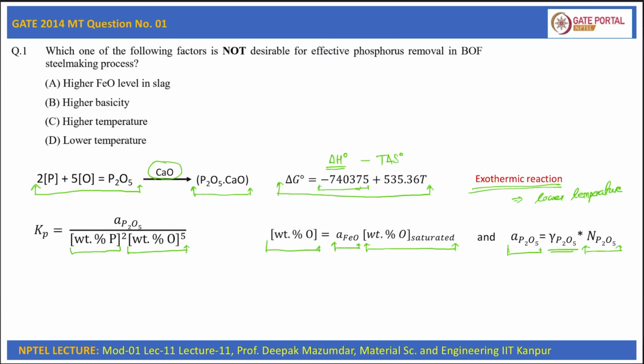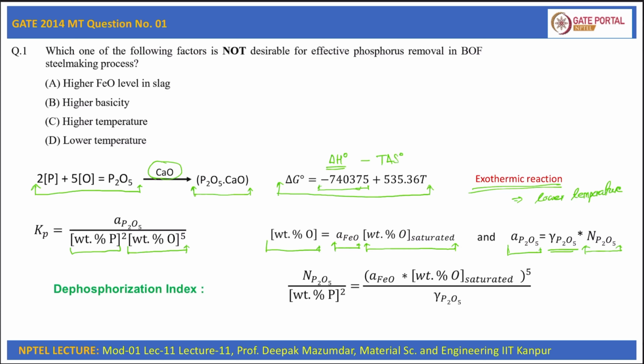So we can rewrite these equations and we get the dephosphorization index, which is the ratio of N of P2O5 divided by weight % of phosphorus whole squared, equal to the activity of FeO into weight % of oxygen saturated to the power 5, divided by gamma P2O5.